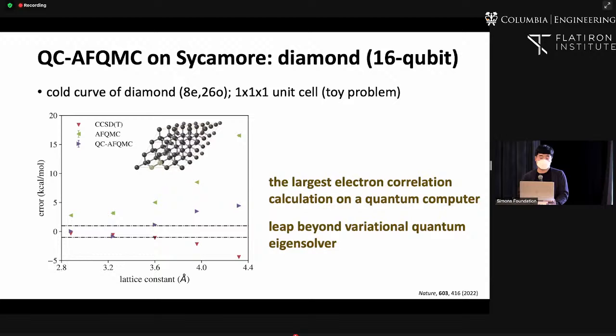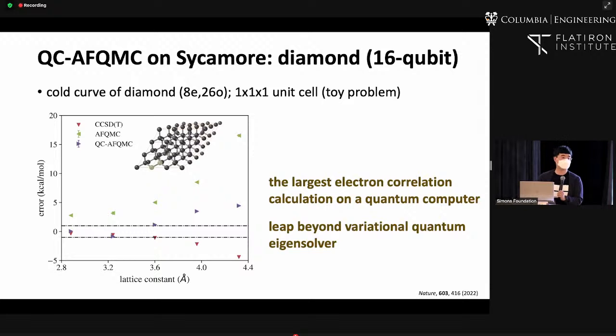The actual device we have right now has, I think, 72 qubits, at least at Google, and that may not be enough to produce practical quantum advantages just yet. But this is an ongoing effort, both on the device side and on the algorithm development side. So that's my answer.